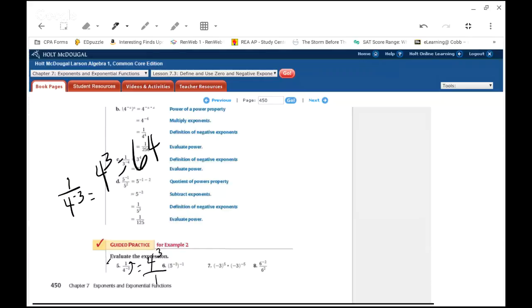Now, on number 6, what you have to do first is apply the power property. What do I do in the power property? If I have a power raised to a power, what do I do with the exponents?